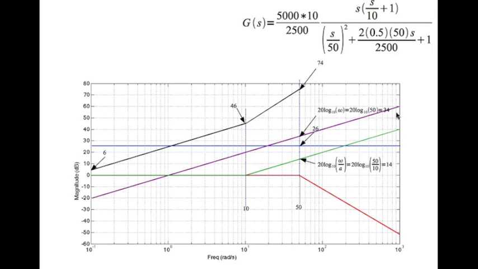So what we can do is go here and add up all the contributions at the end, right here at 10 to the power of 3 radians per second. The contribution of the 0 at the origin is 60 decibels. The contribution of the Bode gain is 26 decibels.